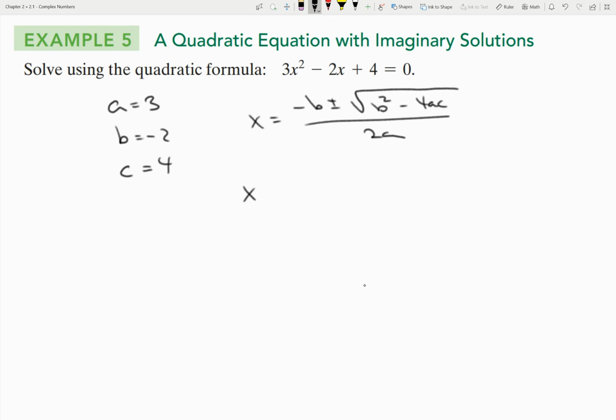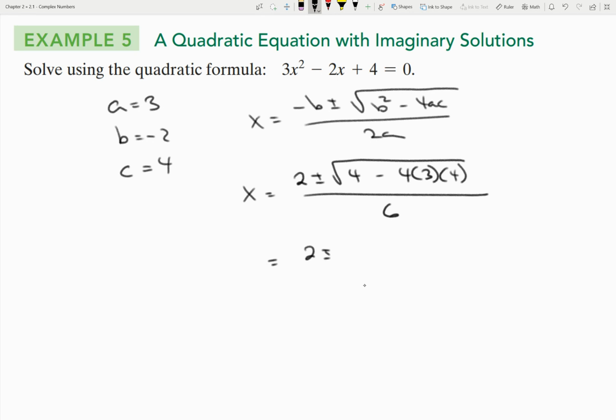All right, so negative 2 gives me a positive 2 plus or minus the square root of b squared is 4 minus 4 times a, which is 3, c, which is 4, all over 2 times a, which is 6. And we can clearly see that the discriminant is going to be negative. It's 2 plus or minus square root of 4 minus 48 over 6. So it's going to give me a negative square root. So we get 2 plus or minus the square root of negative 44 over 6.